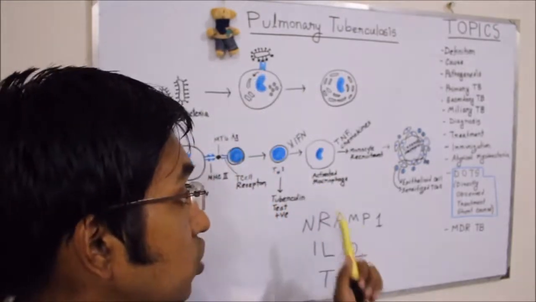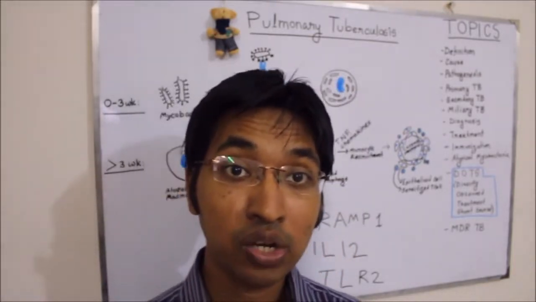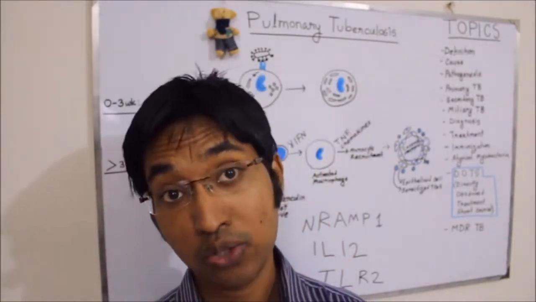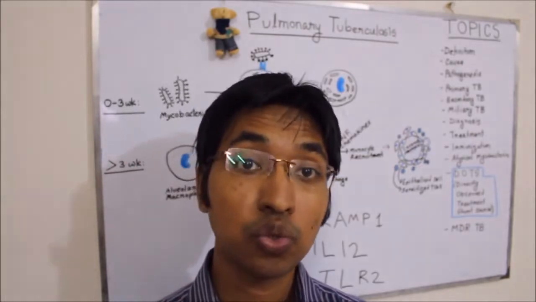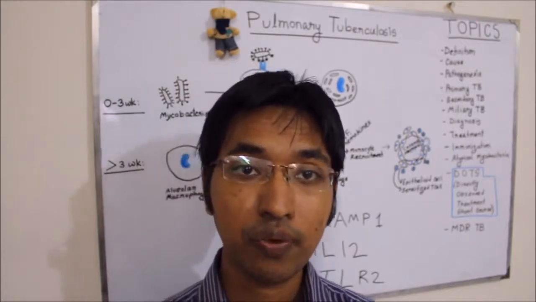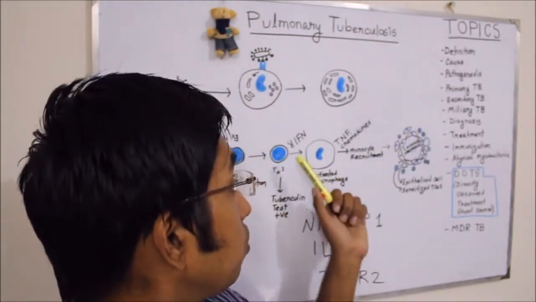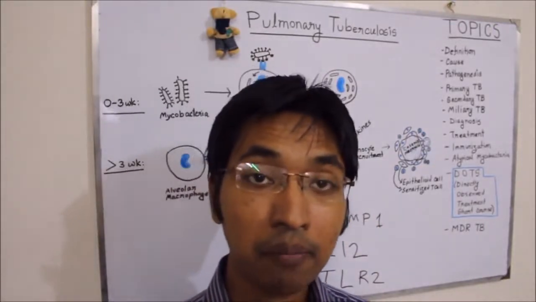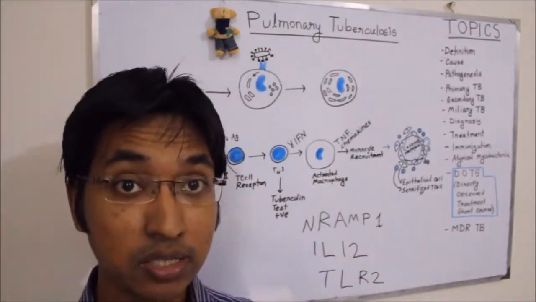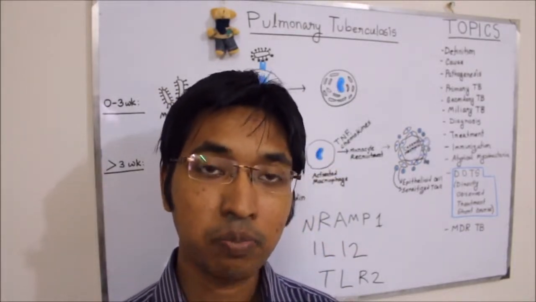And once macrophages are activated, what will happen? Macrophages will now be able to form phagolysosome, and it will start to limit the Mycobacterium tuberculosis infection. So that's one thing. T helper 1 cell will release interferon gamma, and that will activate macrophages, and macrophages will now begin to give us protection.